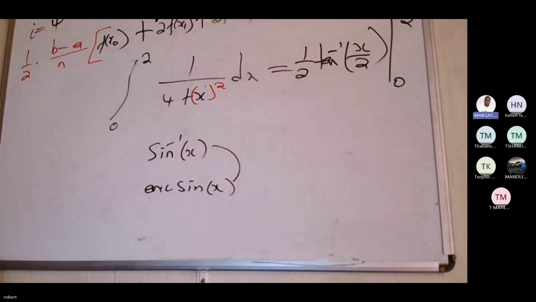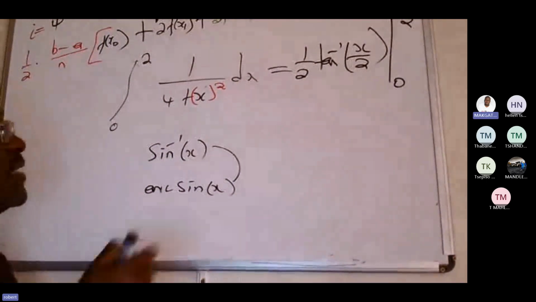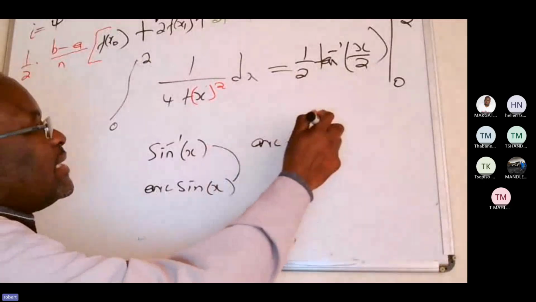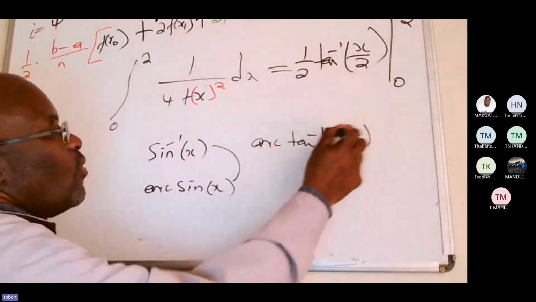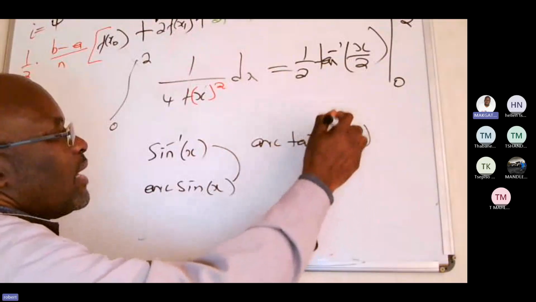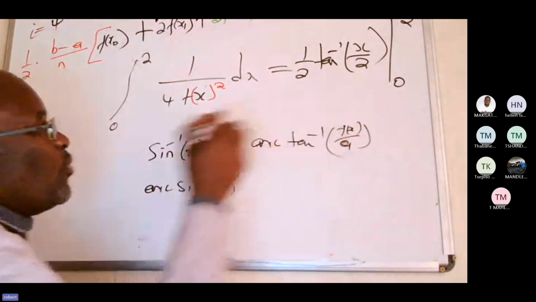Yes, but then the h, I thought it was a hyperbolic something. Come again? There's an h here. It's arc tan h. No, it's not hyperbolic. It must just be arc tan of x over a, f over a. Otherwise, you are looking at the wrong formula.